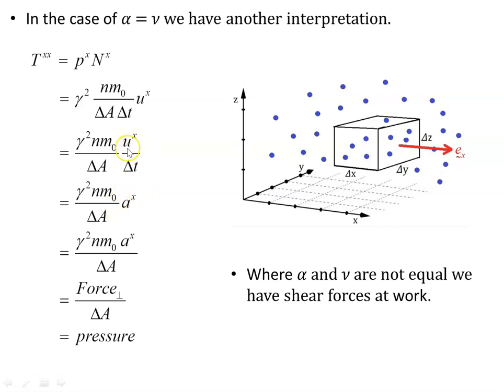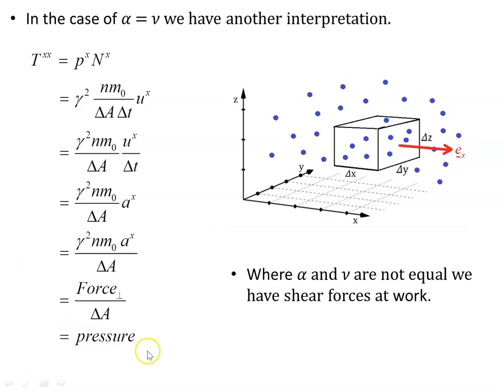Ideally it should be a change in u from one point to another, but delta u over delta t is the acceleration. Well, this is the mass times acceleration and a gamma squared factor, so that's the force in the x direction, hence the perpendicular sign there. So that's the force in the x direction divided by the area, delta y times delta z. Delta A is the area, so it's the force over the area, the force per unit of area. Well, force per unit of area in the x direction here is the pressure.